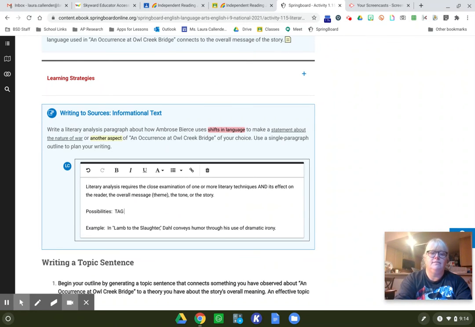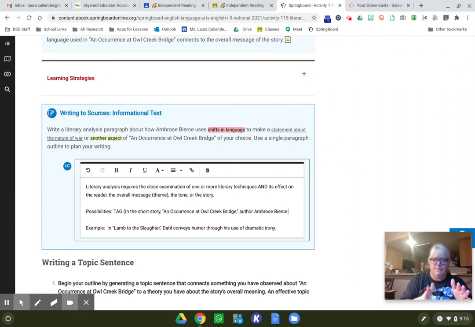So in the short story, An Occurrence at Owl Creek Bridge, and we can make this look just like the one from Lamb to the Slaughter, author Ambrose Bierce.